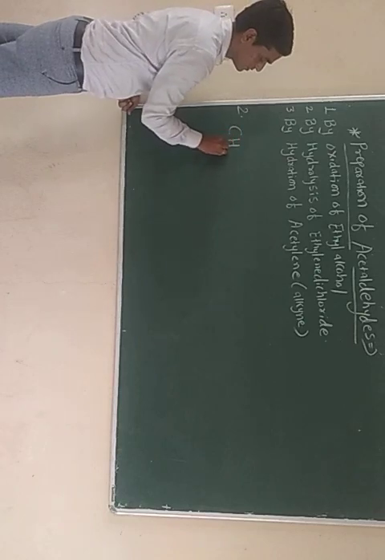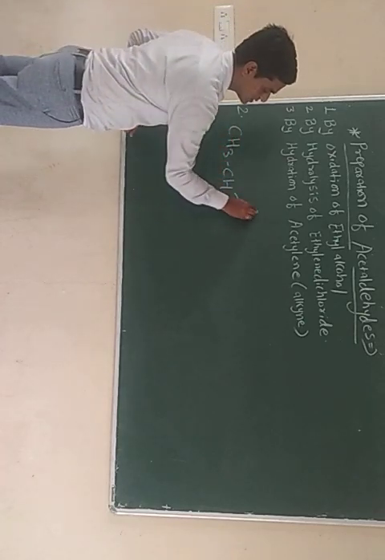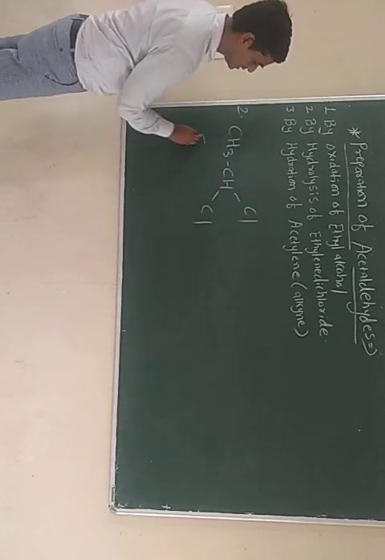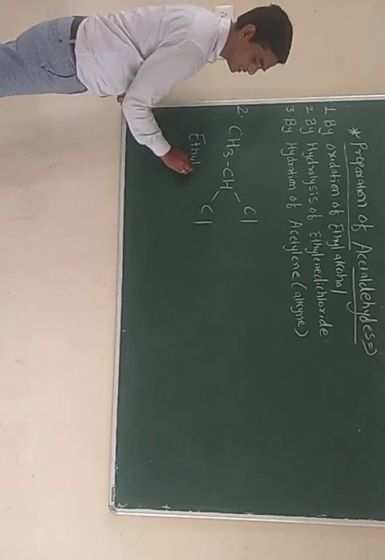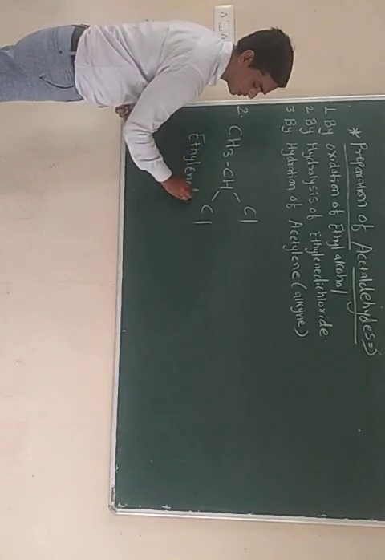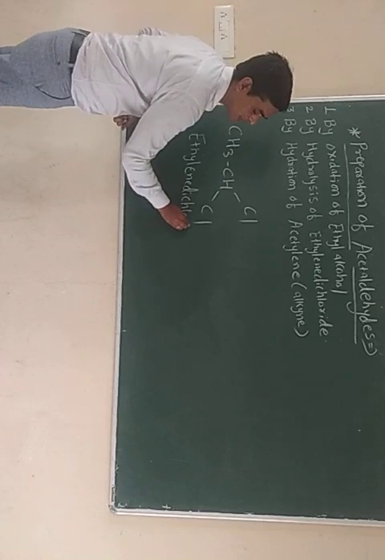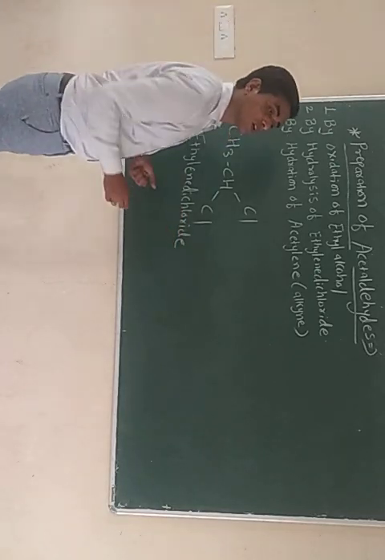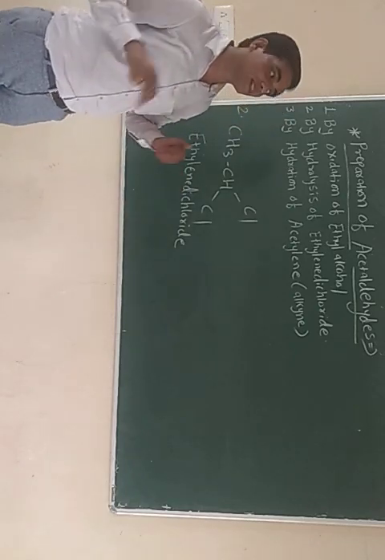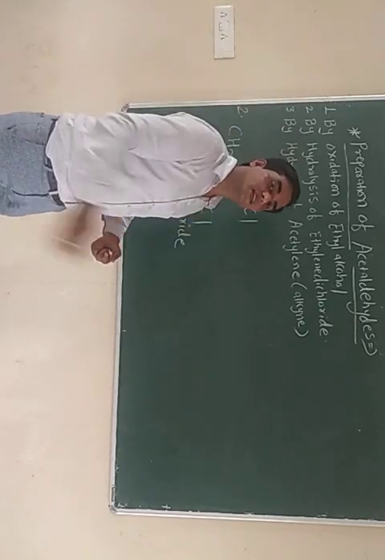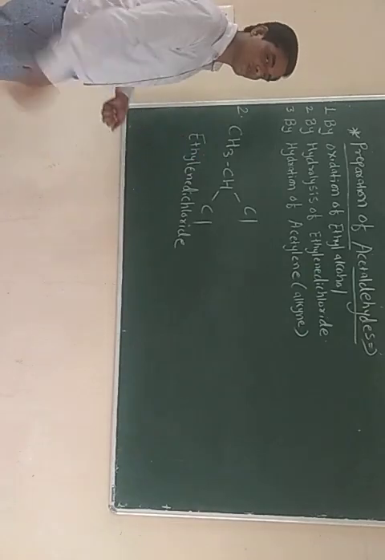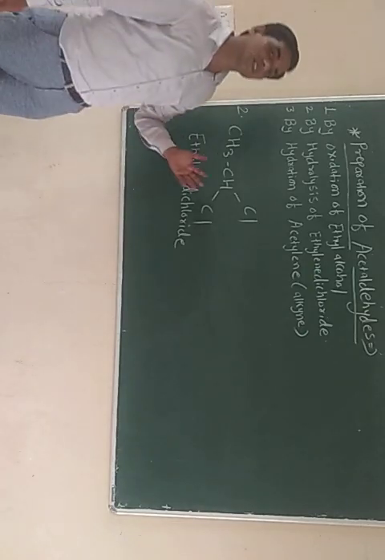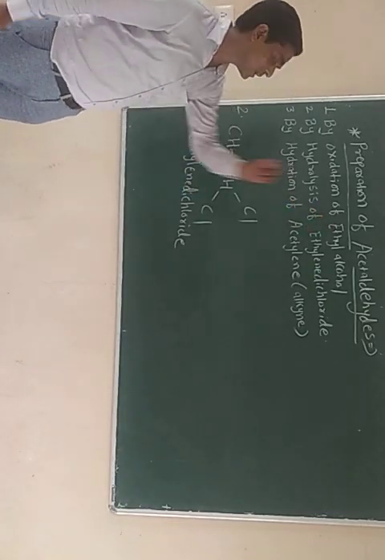So CH3CHCl2. This is the structure of ethylene dichloride molecule. This ethylene dichloride on alkaline hydrolysis first gives an unstable product, and after that there is a formation of our expected molecule, our target molecule, acetaldehyde.